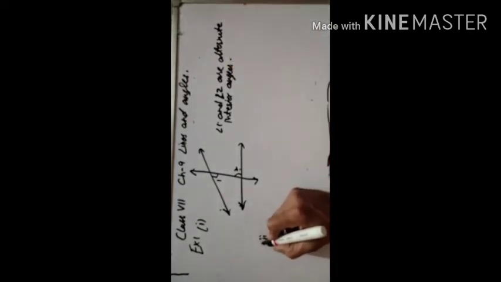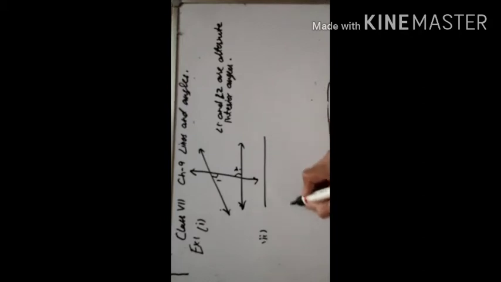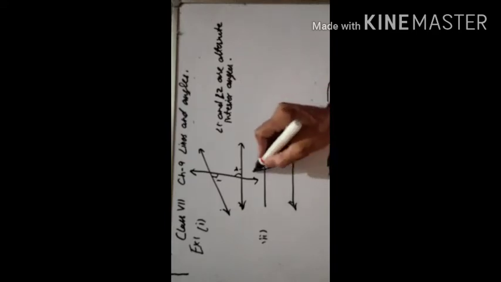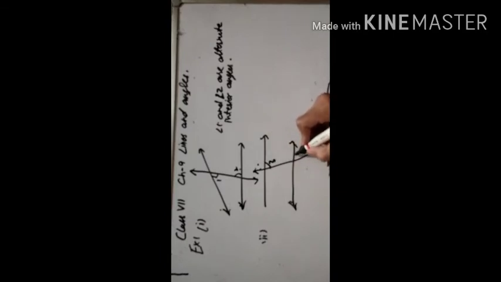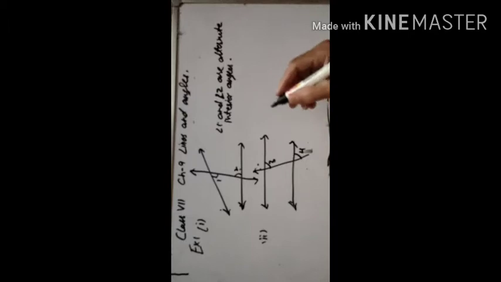In the second part, these two lines are given and a transversal is given, and angle 3 is here and angle 4 is out here. Angle 3 and angle 4 are corresponding angles.